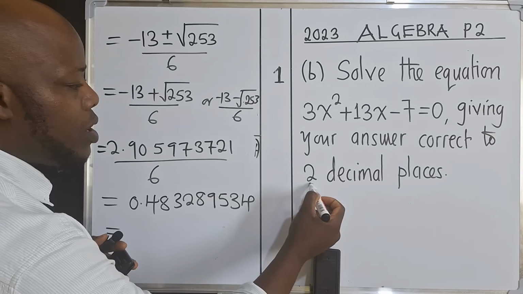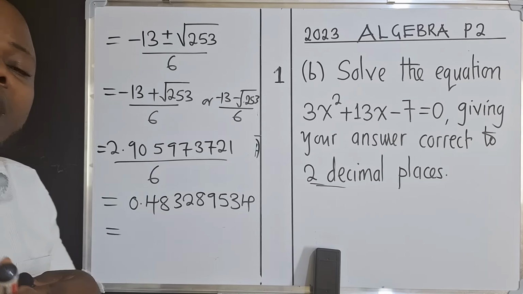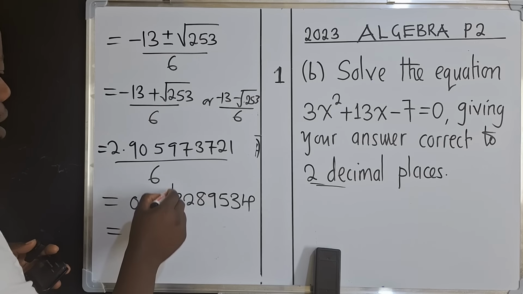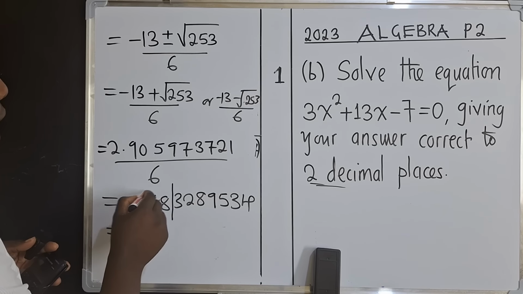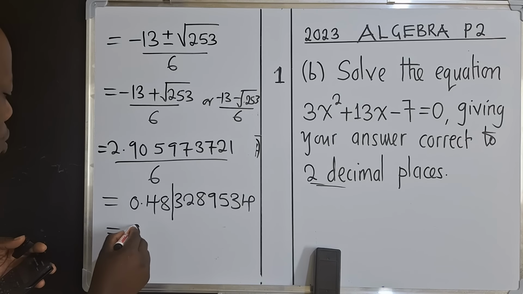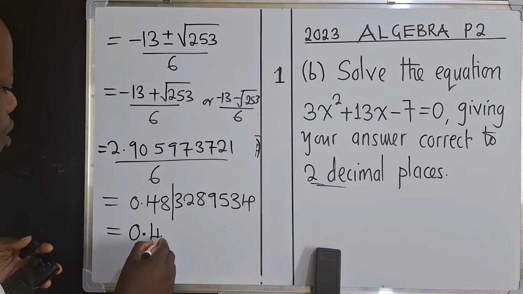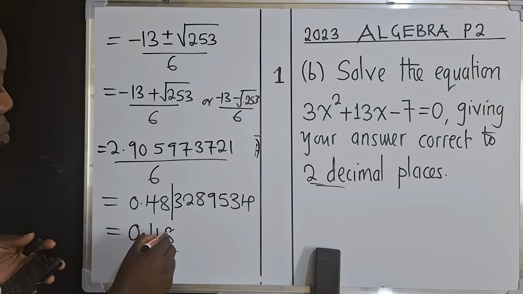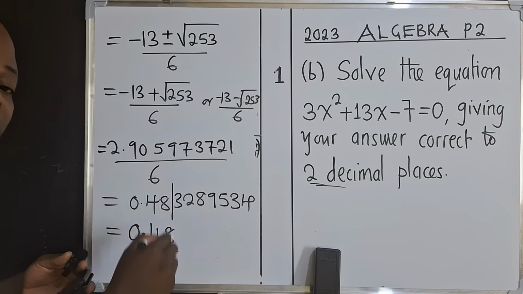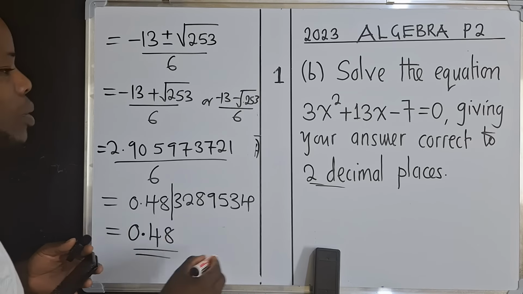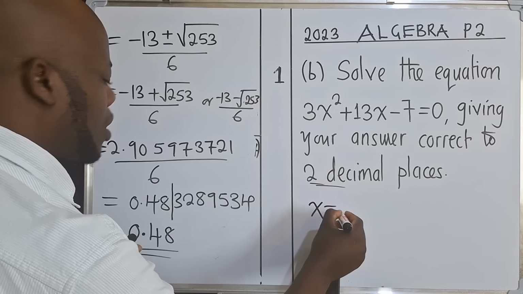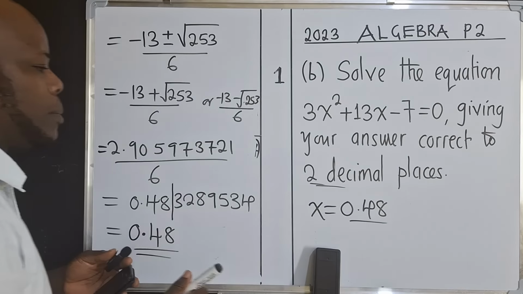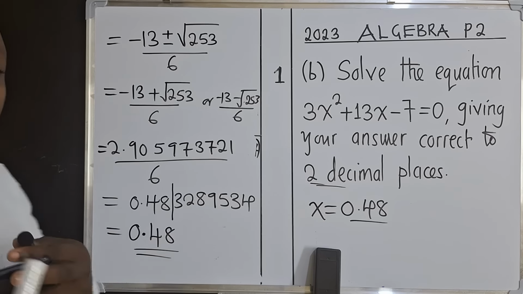And following the condition here, they have said we put the answer in 2 decimal places. So 2 decimal places, it will be up to here, 1, 2. So that is 0.48. If it was 5 here and above, we would have changed this to 9, but it's less than 5. Just copy what is here. This is one of the solutions. So x is equal to 0.48. We need to get 2 solutions.